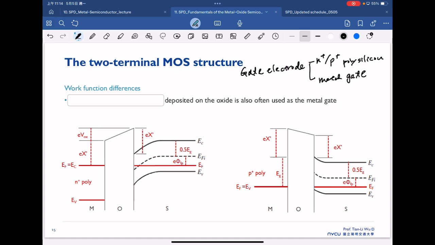If we use a highly doped polysilicon, actually we can consider this as a degenerately doped polysilicon.